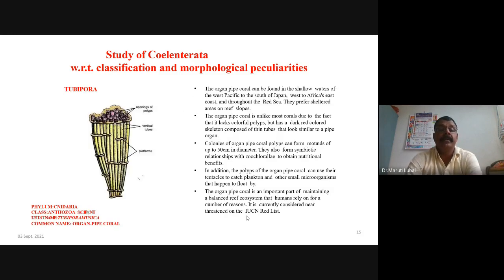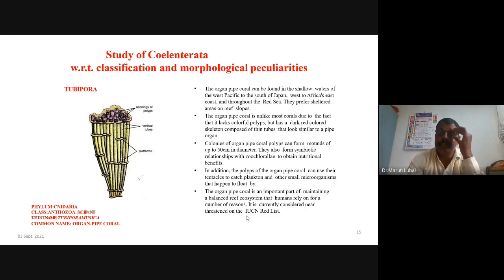Next one is Tubipora. The first morphological peculiarity is that the organ pipe coral can be found in shallow waters of the West Pacific to the south of Japan. Its habitat extends west to Africa's east coast and through the Red Sea.